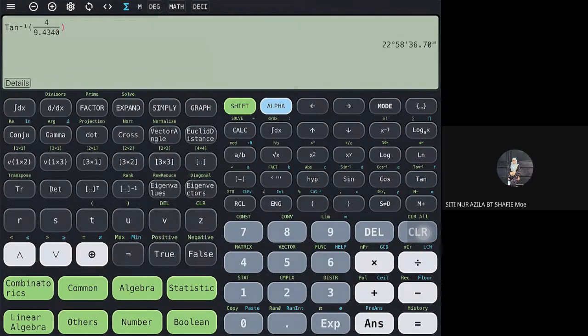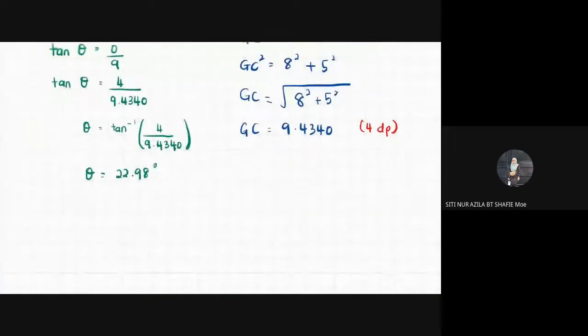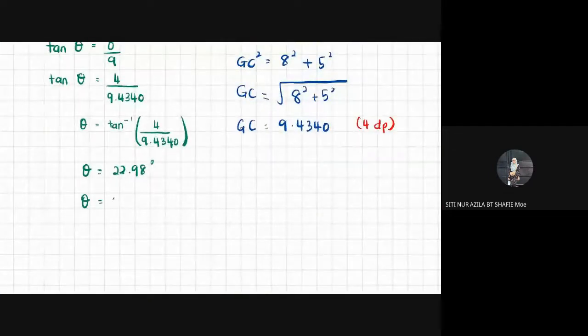Your calculator will show your answer in degree, minutes and second, but please remember if the second is larger than 30, then you need to round off your minutes. 22 degree and 59 minutes.